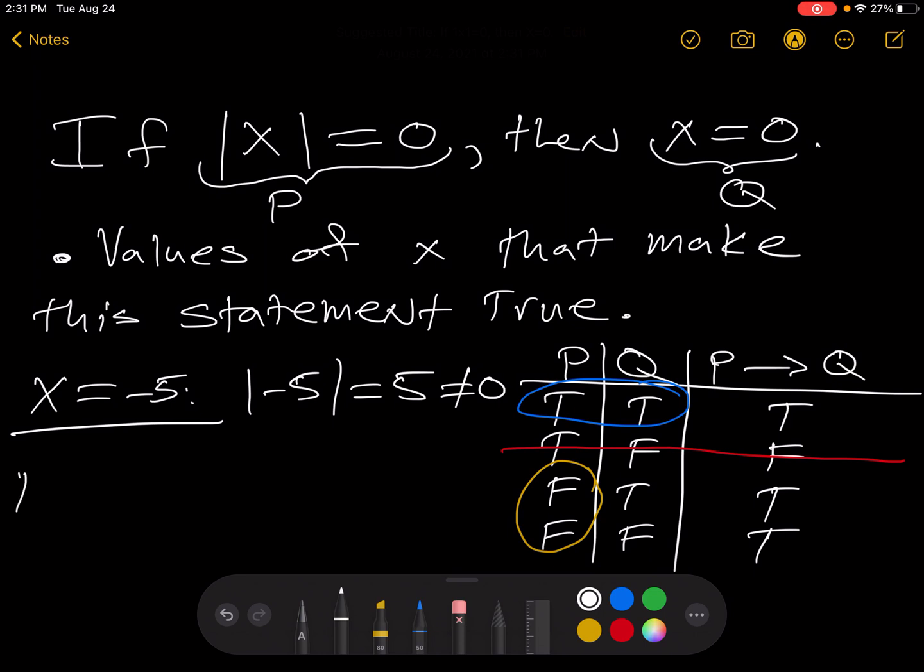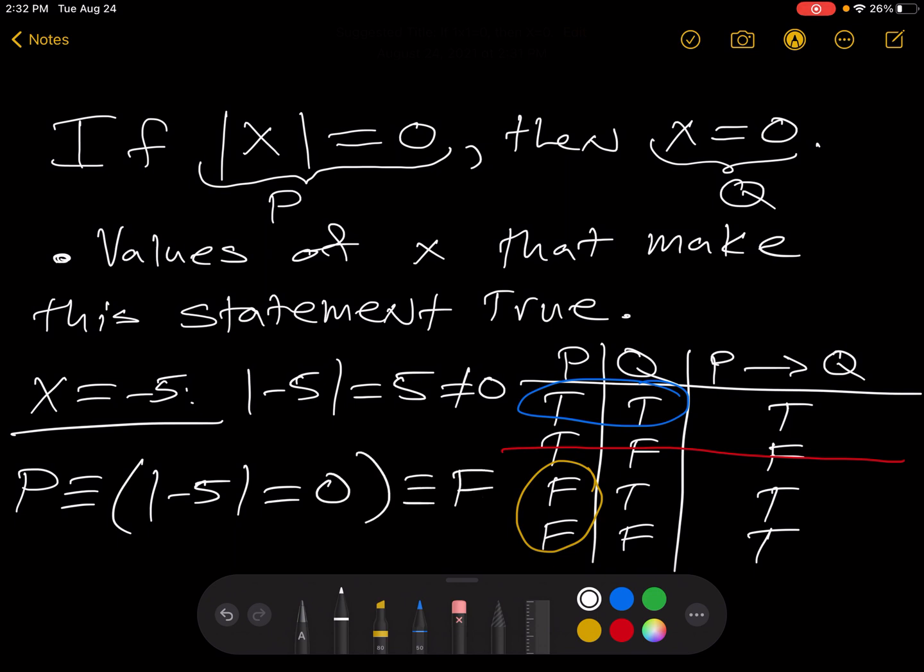So P, in this case, is that the absolute value of -5 equals 0, which is false. And so we find ourselves in one of these two situations there. It doesn't matter what Q is. And we know that the overall statement, P implies Q, is in fact true.